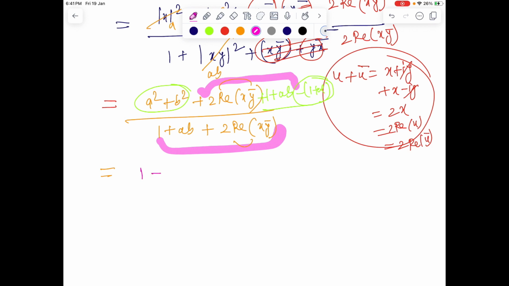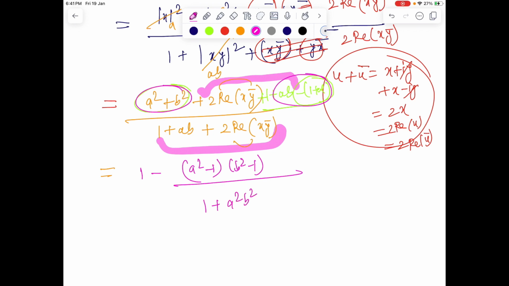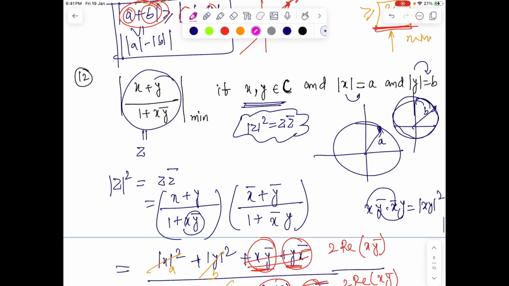So that can be written, just algebraic manipulation, as 1 minus (a square minus 1) times (b square minus 1), you can just club these two, divided by 1 plus mod x y bar whole square, which is a square b square, plus 2 real part of x y bar.